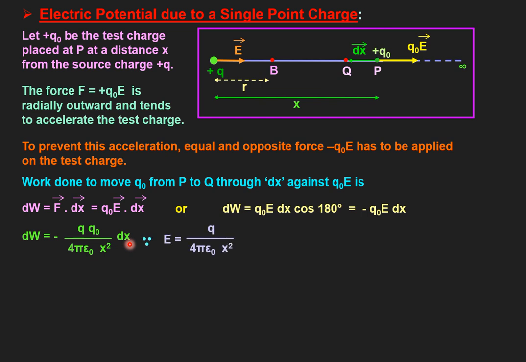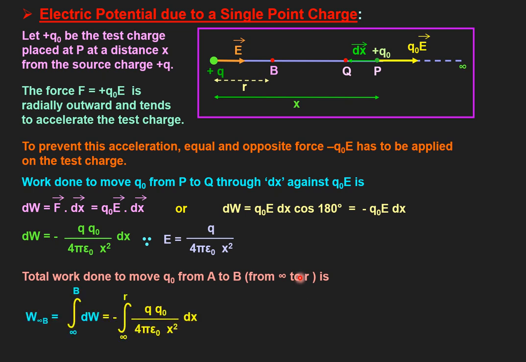So we can say the total work done to move Q naught from A, that is infinity, to a particular separation r from the source charge will be the integration of all small work done. Individually, the small work done is minus Q naught divided by 4 pi epsilon naught x square into dx.